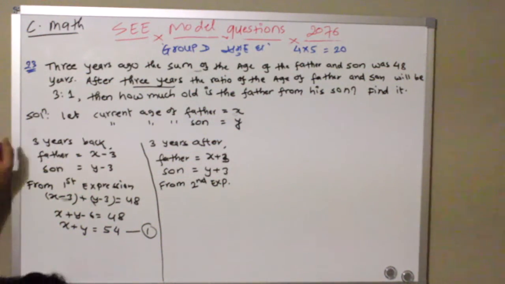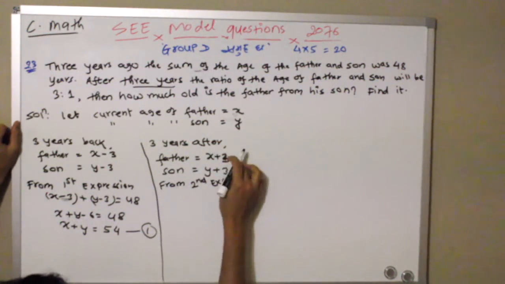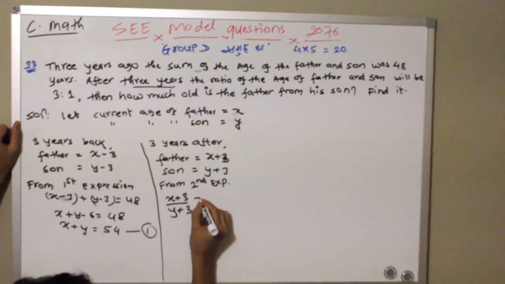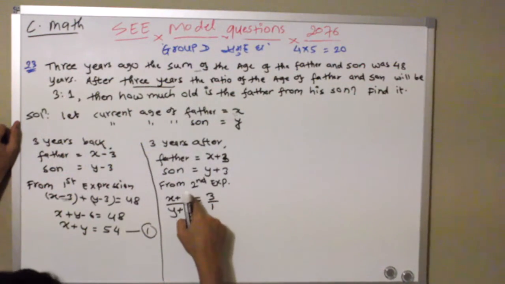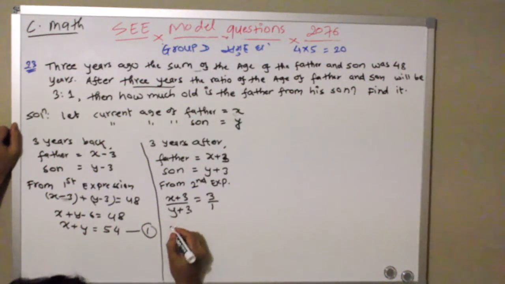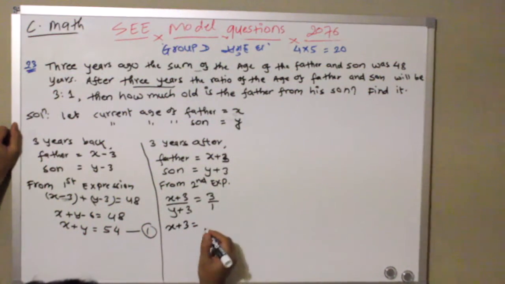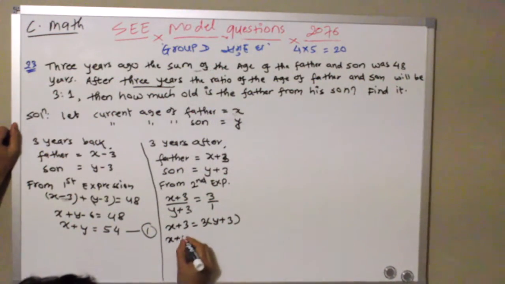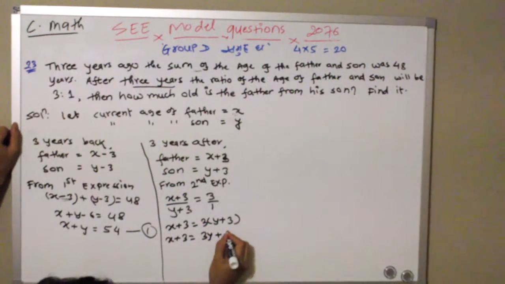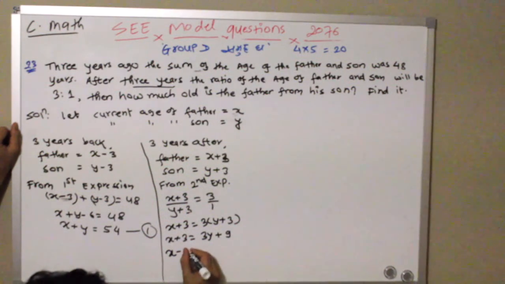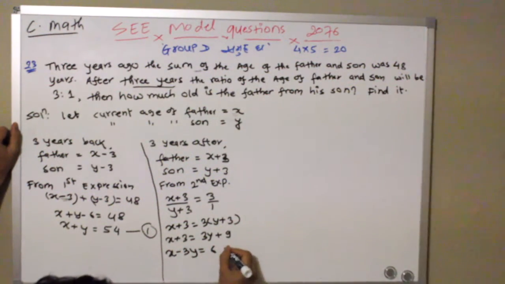Ratio means it's a fraction, so cross multiply: X plus 3 equals 3 times Y plus 3, which is X plus 3 equals 3Y plus 9. Taking terms across, I get X minus 3Y equals 6. This is the second equation.